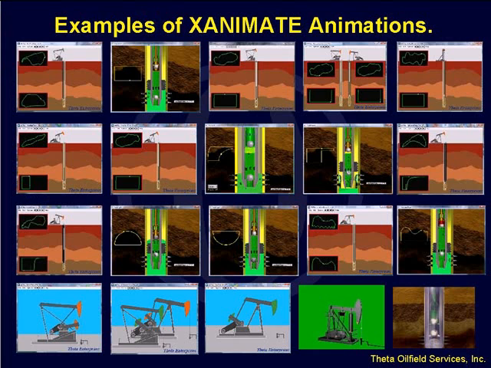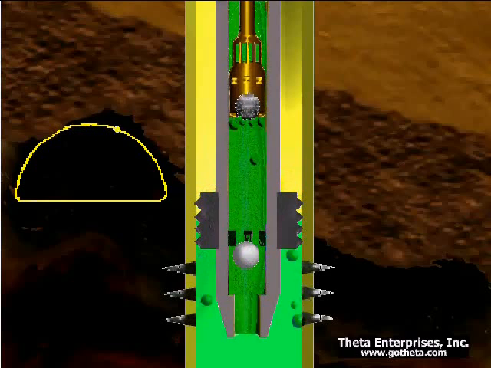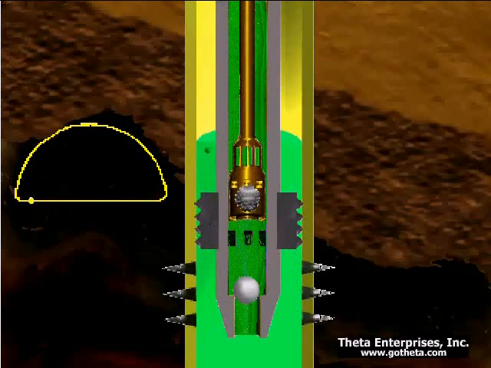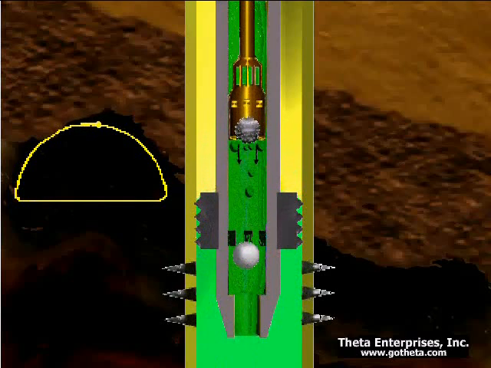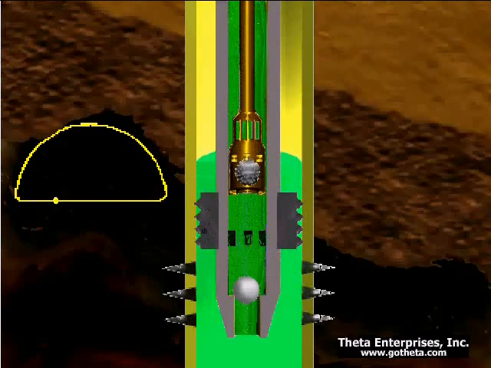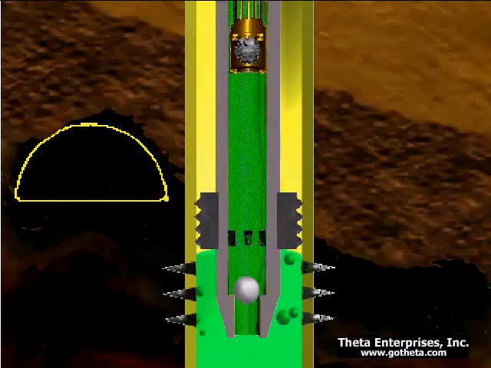Now, another useful application of these animations is to show different problems at the pump, like a leaking traveling valve, for example. This animation shows what happens when you have a leaking traveling valve. Of course, when you have a leaking traveling valve, you're losing fluid load on the upstroke, and you have fluid leaking back into the pump, which makes the pump barrel pressure higher than it would otherwise be.